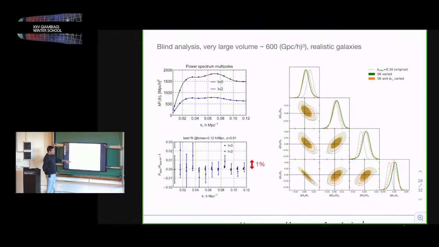And so, as you can see here, these are our best fits. All these ingredients we were discussing were crucial to get all these wiggles right in the power spectrum monopole and quadrupole. And on the right-hand side, you can see these posteriors, and you can focus, for example, on the green curve.